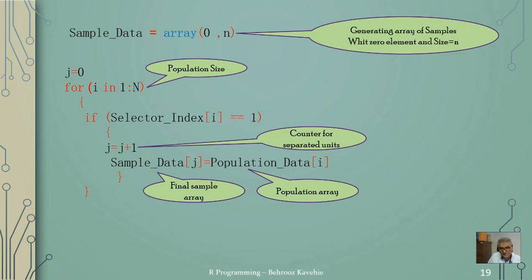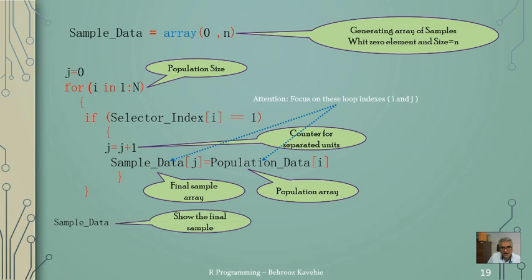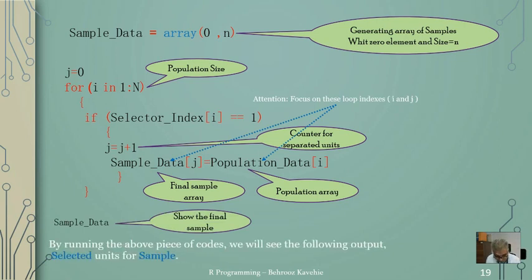Sample data consists of 217 elements and population data consists of 500. In order to prevent any issue, I have given J a value of 0, and each time it finds a 1, it will be increased by 1, and that will be my second array's index.